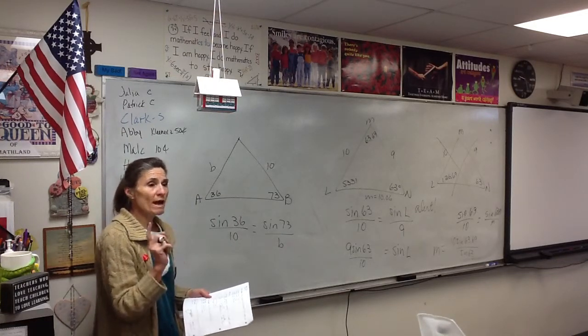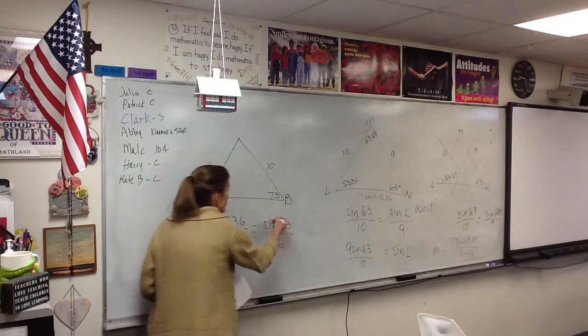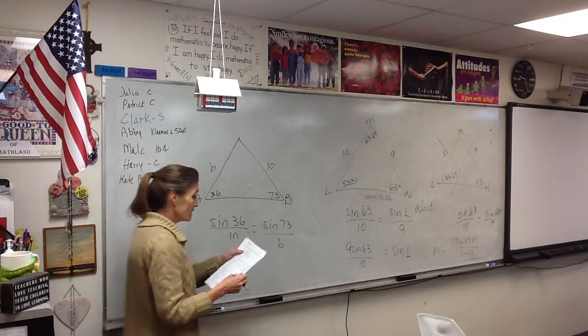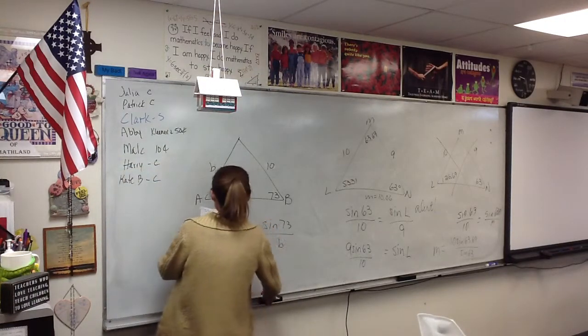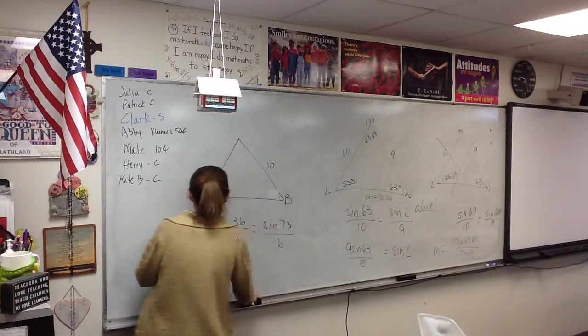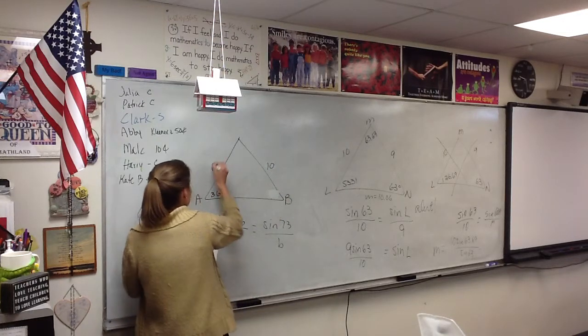When do we know we have a potential for either none or two? When we are solving for the sine. Now, did that happen in problem B? Angle A was 36, side A was 10, and side B was 8.